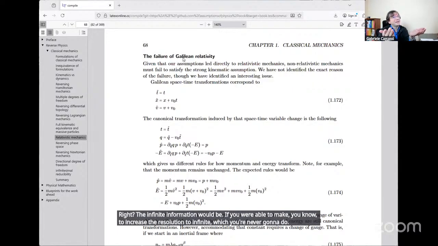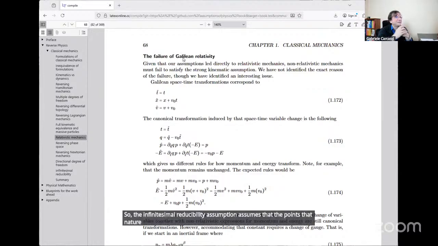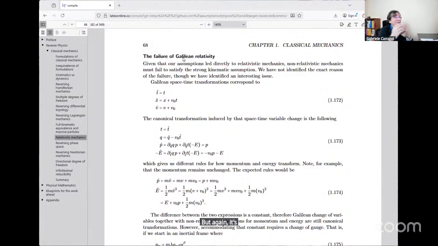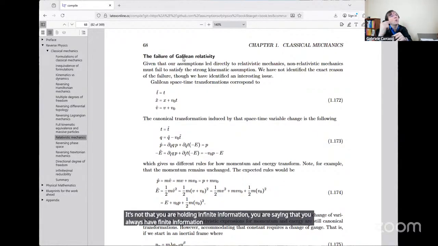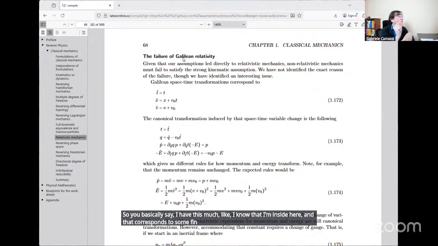The infinitesimal reducibility assumption assumes that nature has infinite information with respect to what we can have. But it's just an assumption. It's not that you are holding infinite information. You always have finite information, but you can always get more. You say, I know that I'm inside here, and that corresponds to some finite information, but I could always get more.